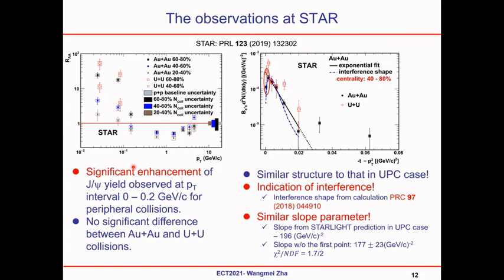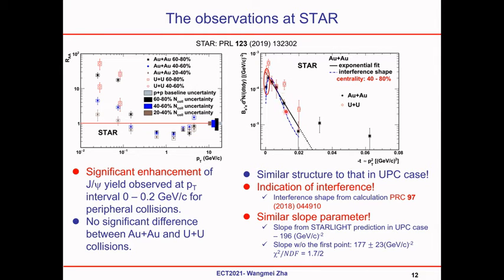So we also observe significant enhancement. But if we assume photon production is the source, then we should expect that the enhancement factor for uranium should be larger than that of gold. Indeed, the central value is larger than that of gold. However, due to the limited statistics, if we combine the statistical and systematic uncertainties, we cannot tell the difference within uncertainties.